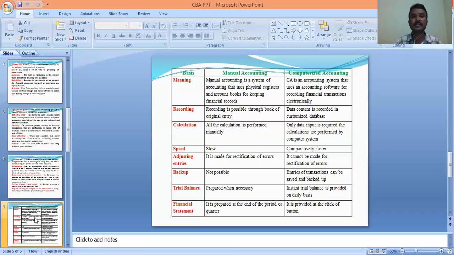And the next difference is adjusting entries. Generally, adjusting entries mean additional information. For example, suddenly one debtor has paid, but the transaction is paid by check through the bank.